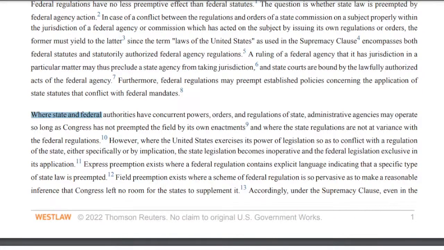Where state and federal authorities have concurrent powers, orders, and the regulations of state administrative agencies may operate so long as Congress has not preempted the field by its own enactments. So, state and federal authorities have concurrent powers, orders, and regulations of state administrative agencies.